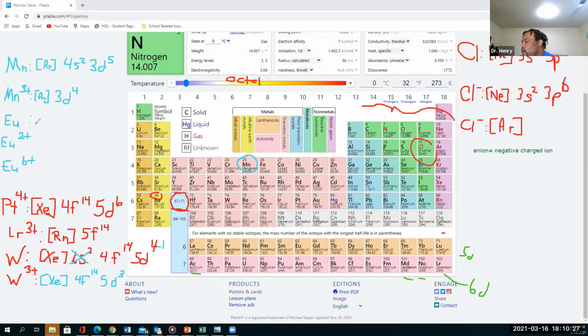So what would be my core? Xenon. Then 6s2. Okay, 6s2. And then 4f.